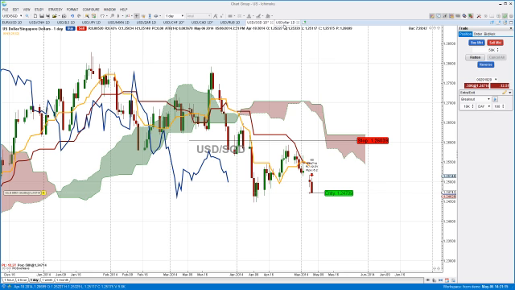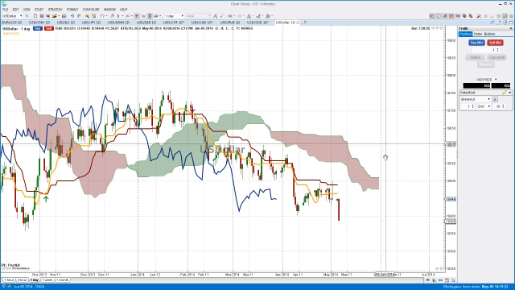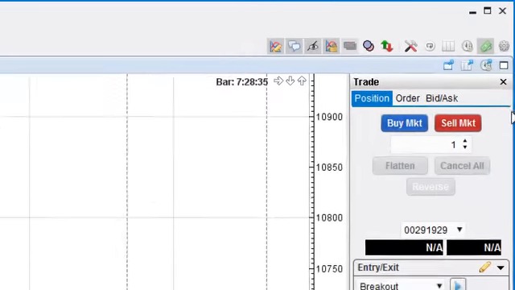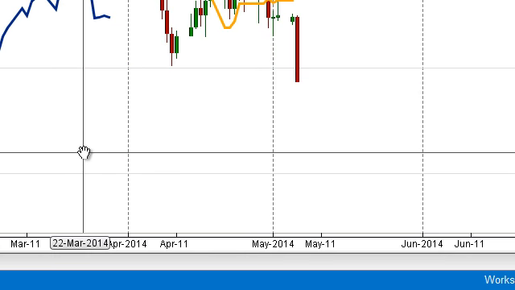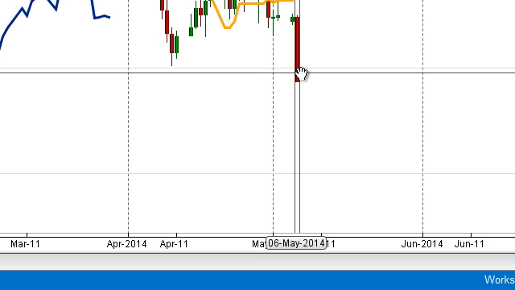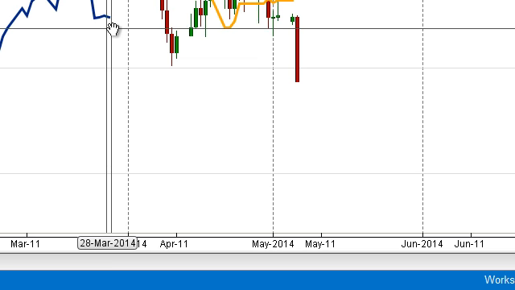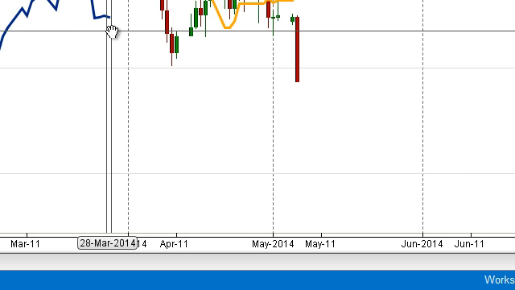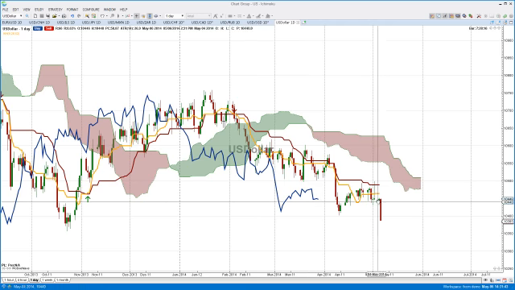And let's have a look at the United States dollar as a basket of currencies traded on, and that looks like a very short position for us. Look at that as the US dollar moves down on today's candle. Chikou is way below its current candle, as you can see there.